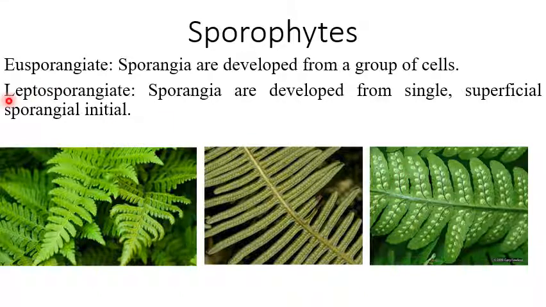On the other hand, leptosporangiate means what? Sporangia are developed from a single cell, that is, a superficial sporangial initial. So when a sporangium is developed from one cell, that is called leptosporangiate, and when it is developed from different cells together, that is called eusporangiate pteridophyte.